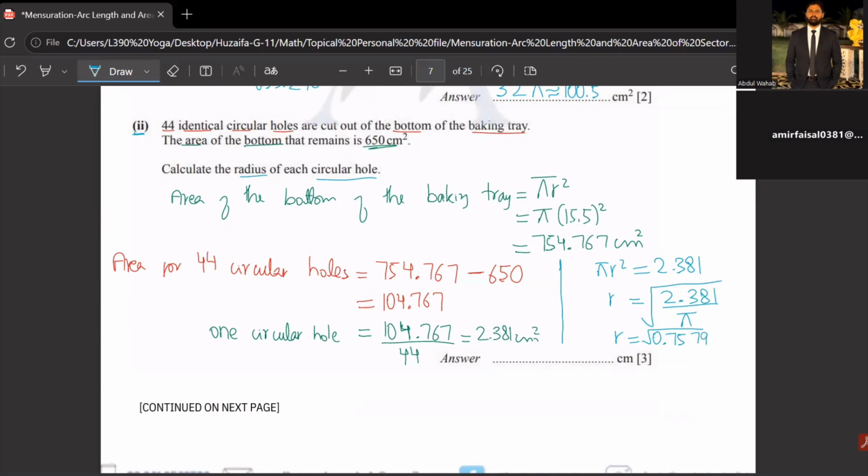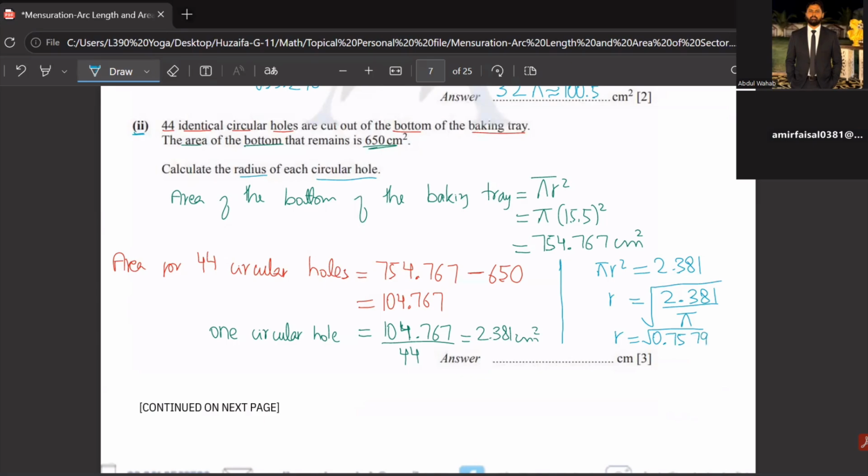Now we just find the square root of 0.7579.